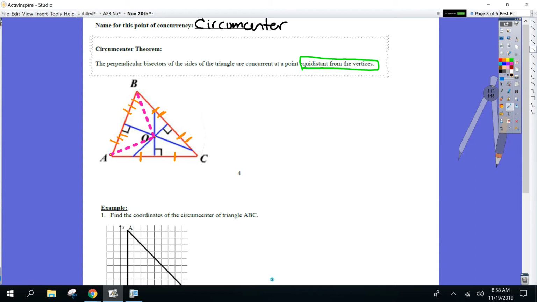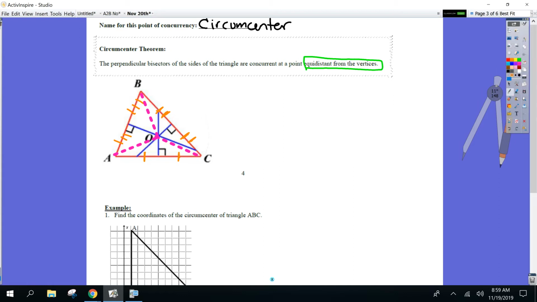And from O to C, draw in a dashed line segment. Those three dashed line segments you just drew in are all what? Congruent. Why? Because they're equidistant from the circumcenter. So OB is congruent to OC is congruent to OA. They're all congruent to each other.